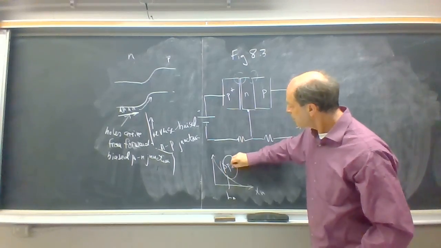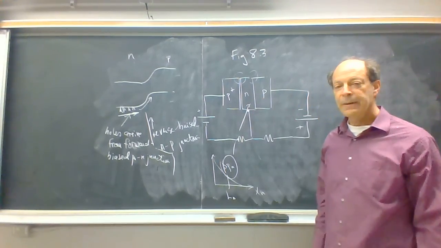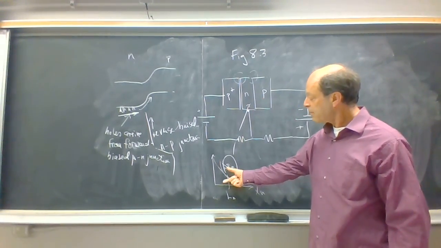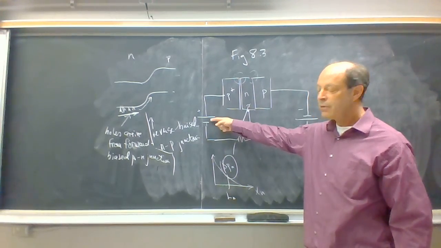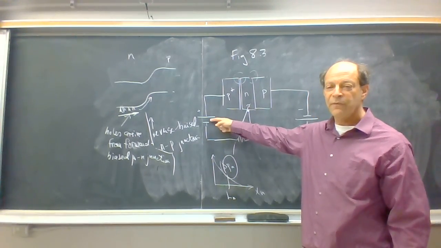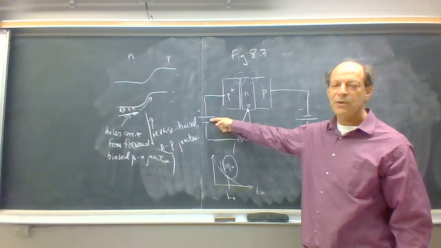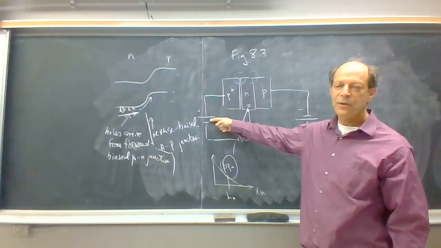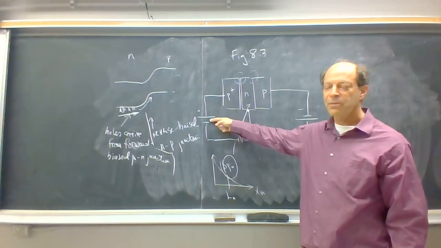So what you can do is apply a voltage here which controls the excess hole concentration in this region, and you can control that excess hole concentration with a rather small change in the voltage here. You're only changing this voltage from, let's say, 0 up to about 0.6, 0.7 volts in silicon as you go from 0 bias up to a strong forward bias.